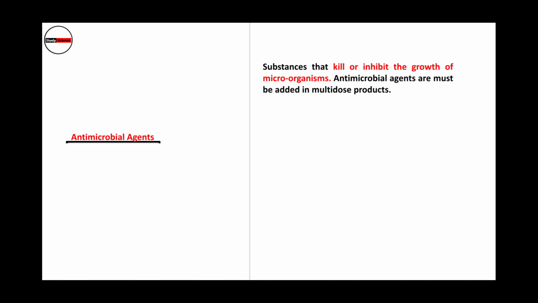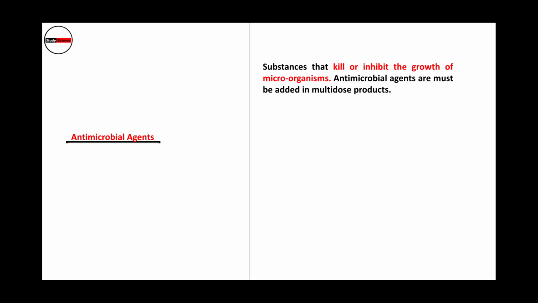If we don't add antimicrobial agents in multiple dose containers, microbial growth may occur, which leads to degradation of the product, which is not desirable. Hence, while formulating a multiple dose product, we must add antimicrobial agents into it.